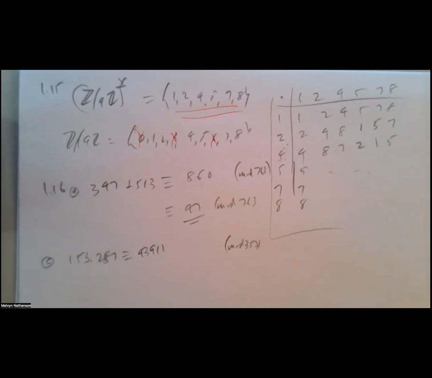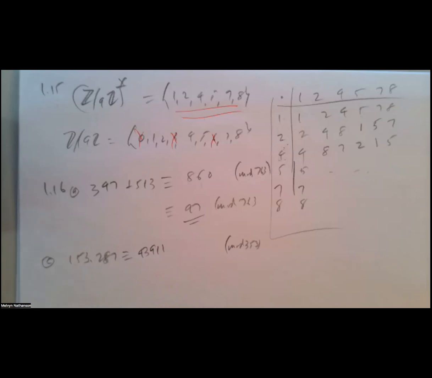And if you divide that by 353, let's see what you get. 43,911 divided by 353 goes in 124 times.